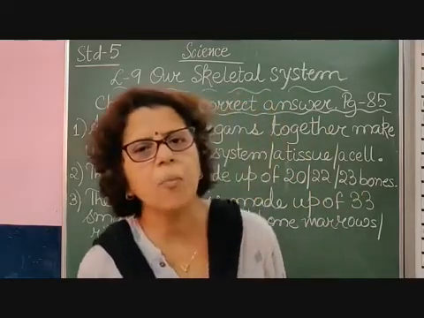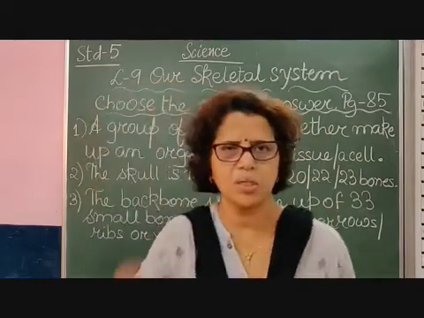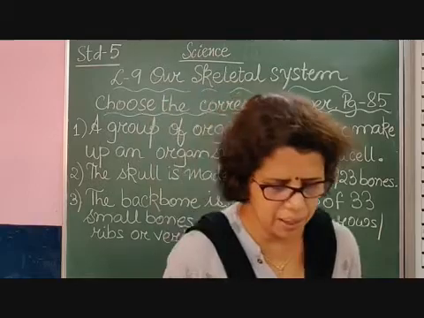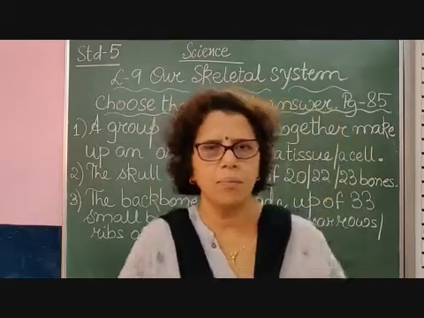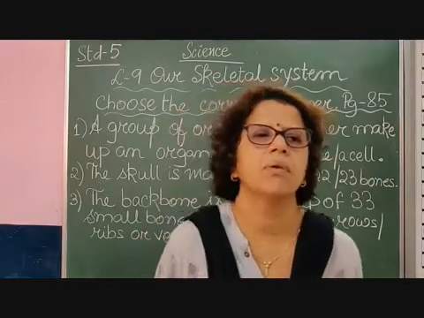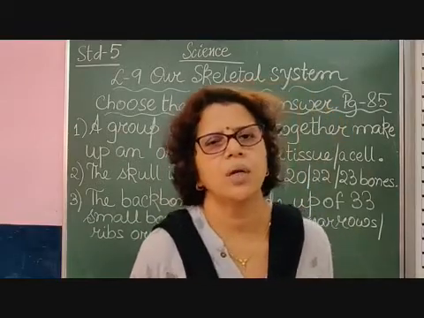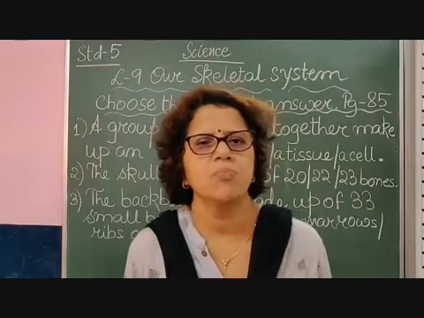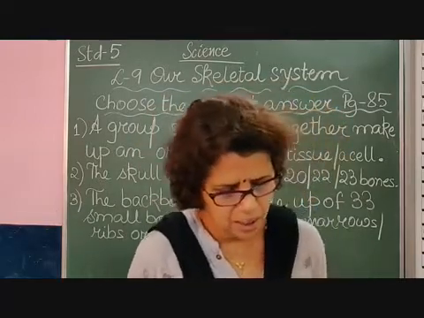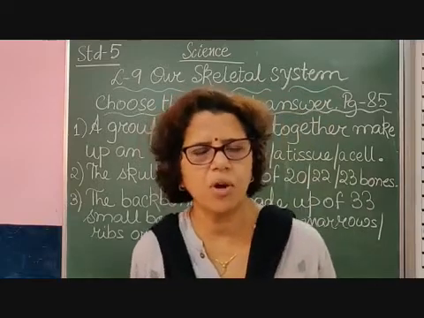It is made up of 33 small bones called vertebrae, which form a column, and this column helps protect the very delicate spinal cord inside it. It's called the vertebral column.